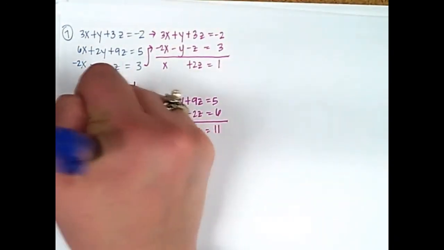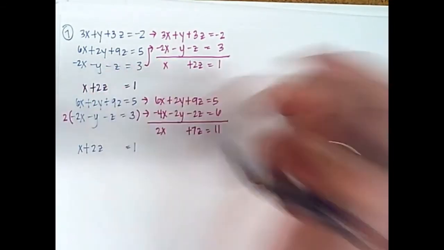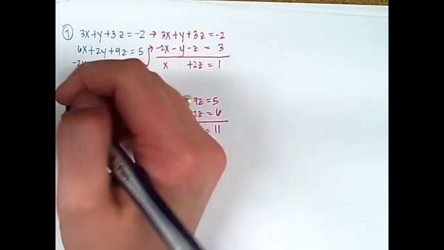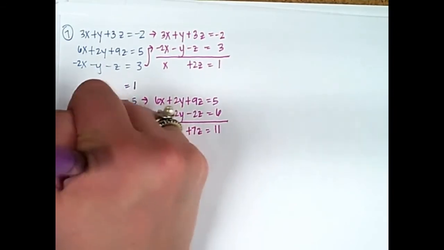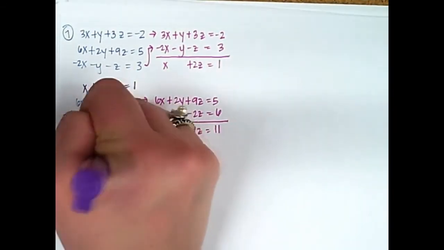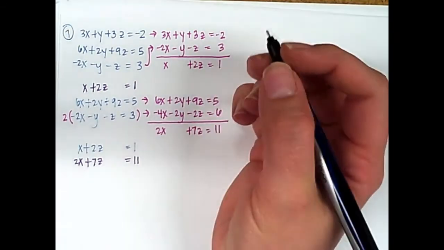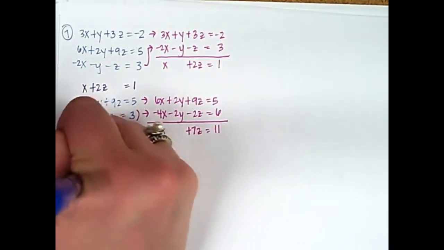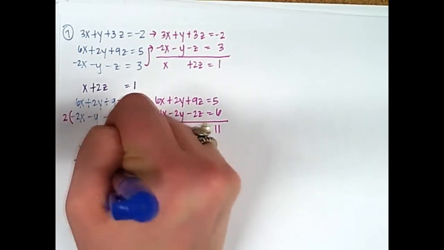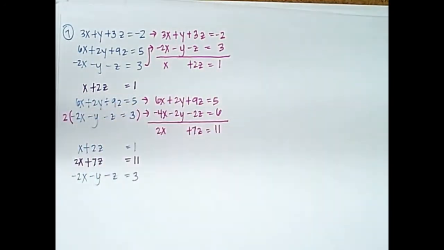So x plus 2z equals 1 stays the same. And now I'm going to put in my new one, 2x plus 7z equals 11. And then the bottom one stays the same too.